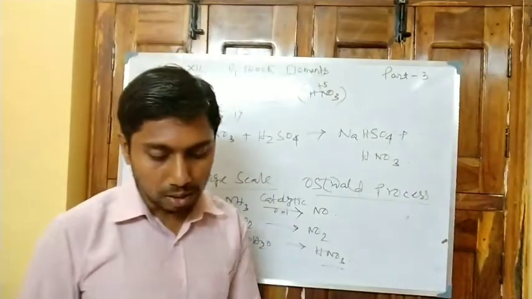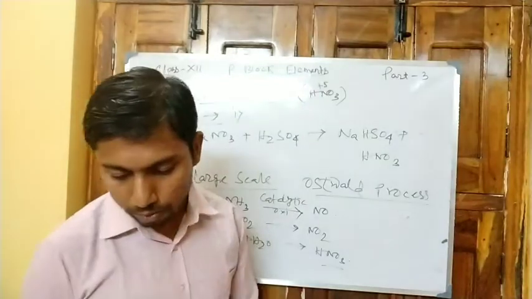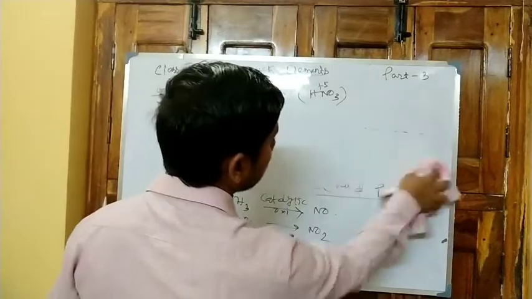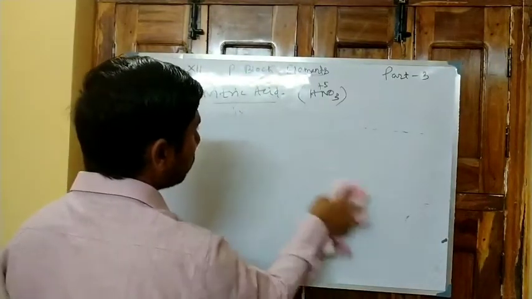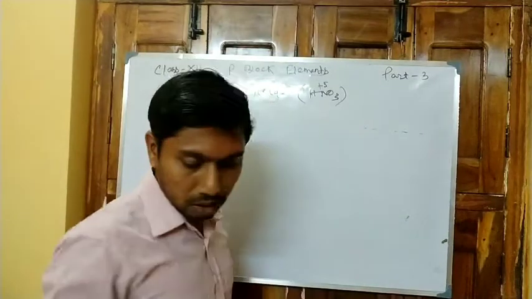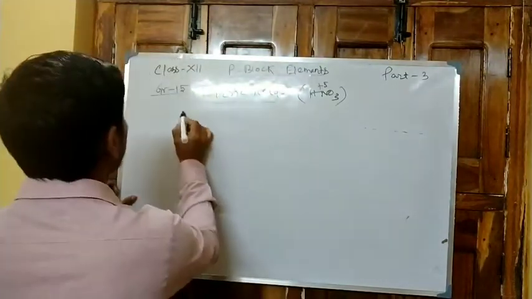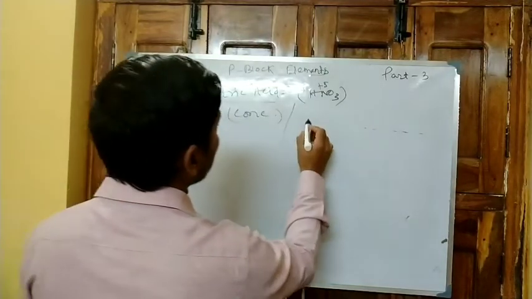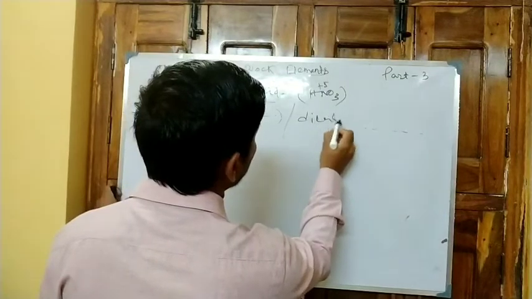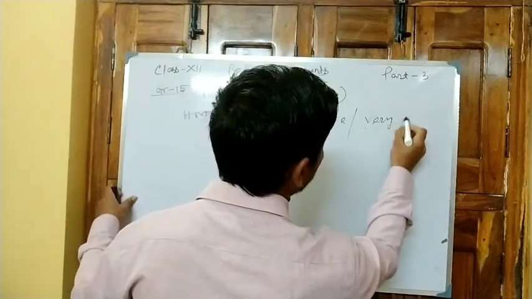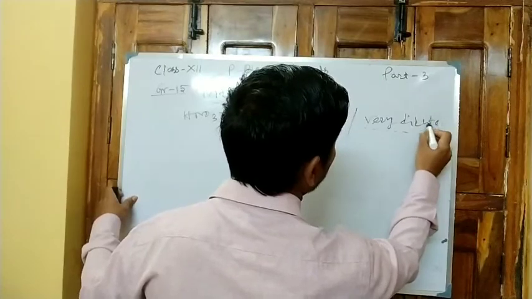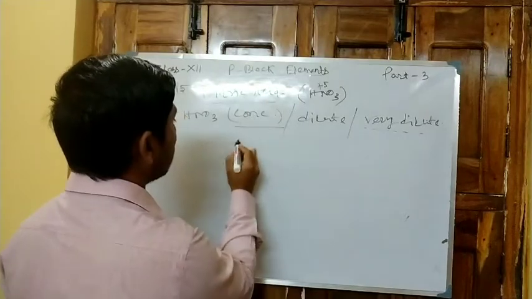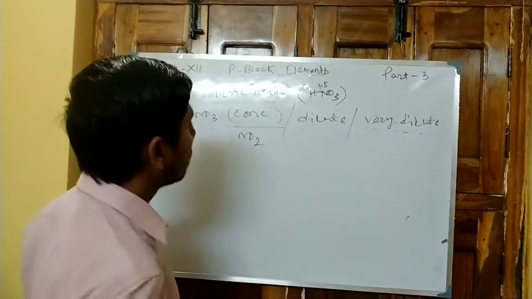Now the next point, that is some reactions of HNO3. HNO3 is a strong oxidizing agent, and it can be used as concentrated HNO3, dilute HNO3, or very dilute HNO3. In concentrated HNO3, the byproduct is NO2.